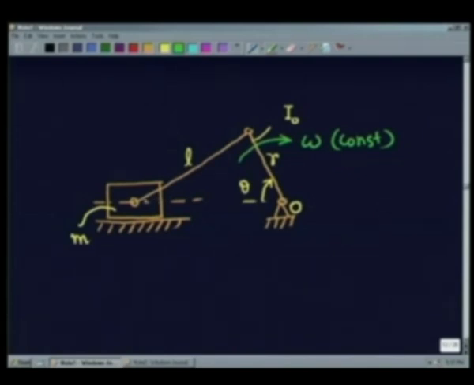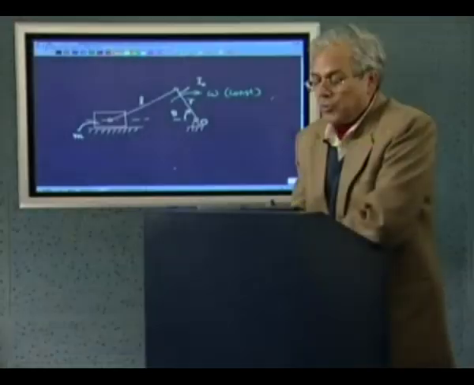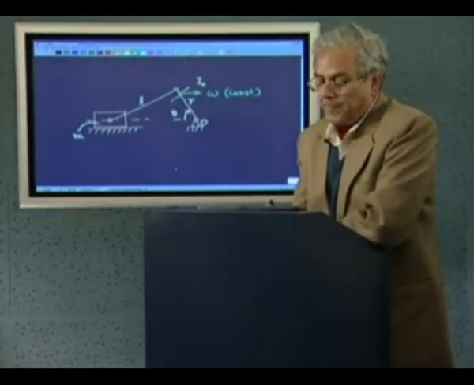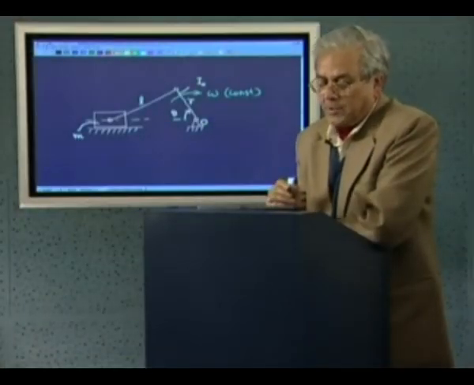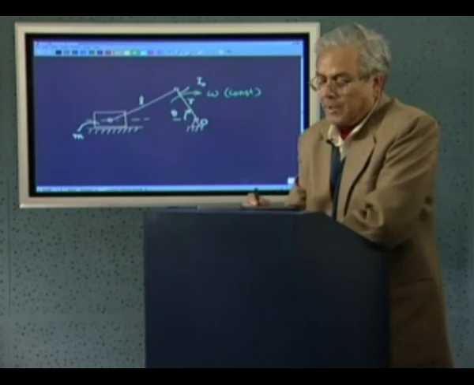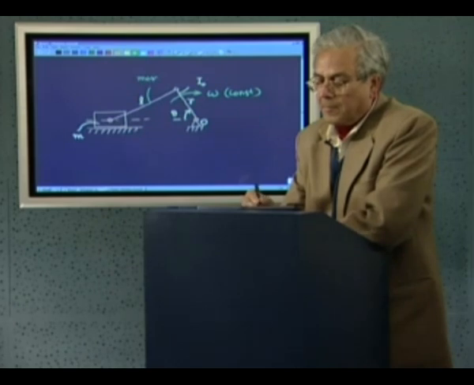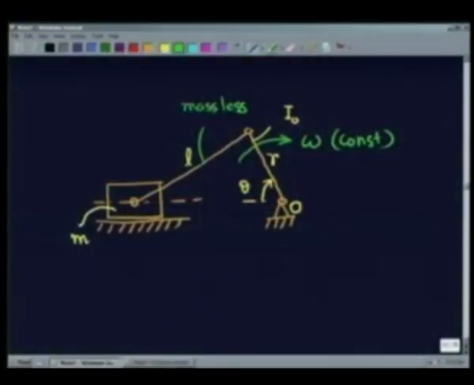Then if you have to design, say, this particular rod, how do you do it? First, what we will do is consider that this particular rod is massless, for simplicity.